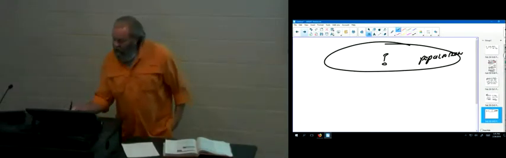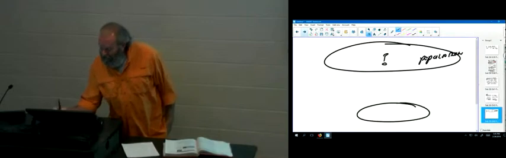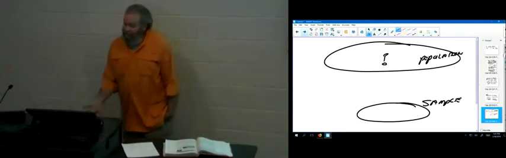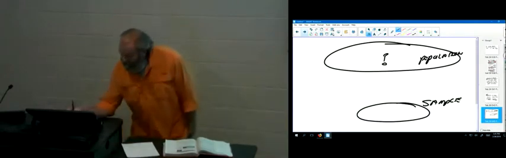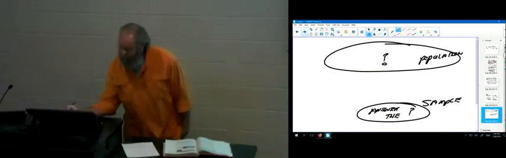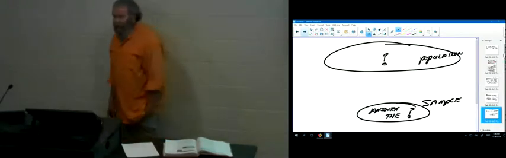So what do we do? We come down here to this smaller group, which is the sample. Well, what we do down here is you actually answer the question. Right?